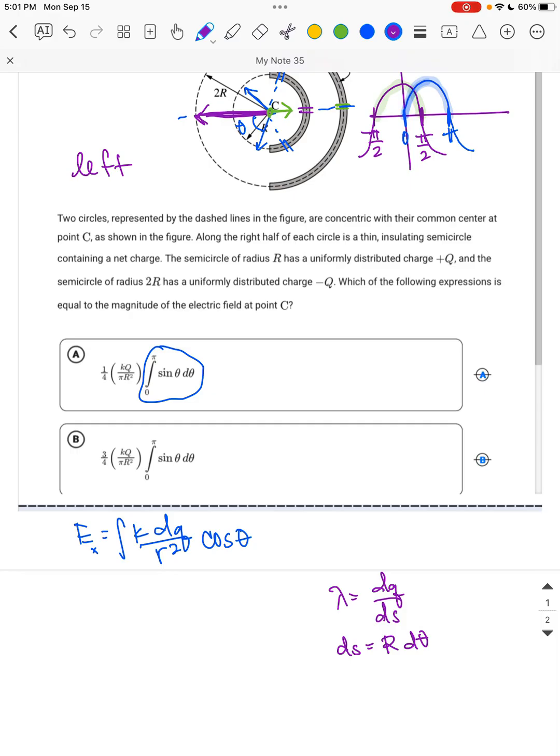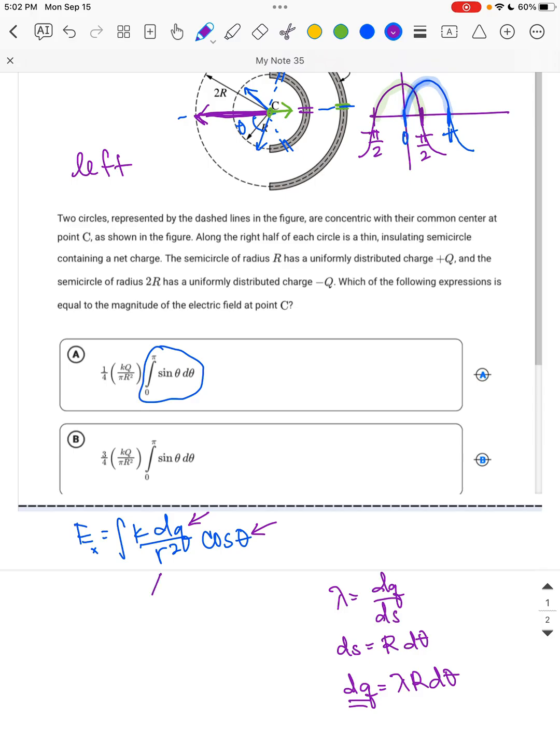Since dq and cosine theta are changing, it'll be easier to integrate if I solve for dq in terms of d theta. So I multiply the ds by the lambda, but the ds is also equal to r d theta, and this is going to be my new dq.